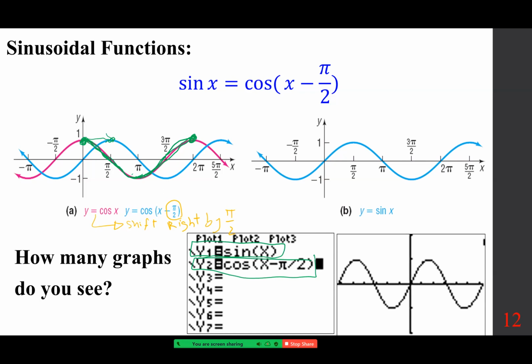How many graphs do we see? We see only one, and they are identical. Okay, so we are looking at the same function. That's why, again, when it comes to application, in many cases, when it comes to sinusoidal functions, they stick with just sine.